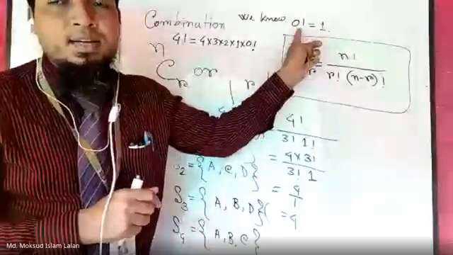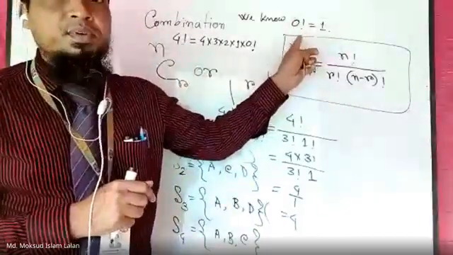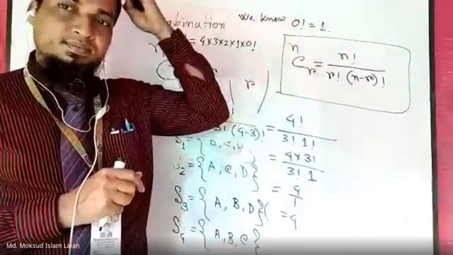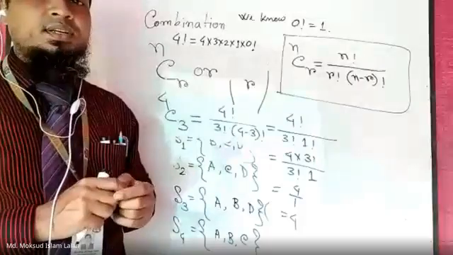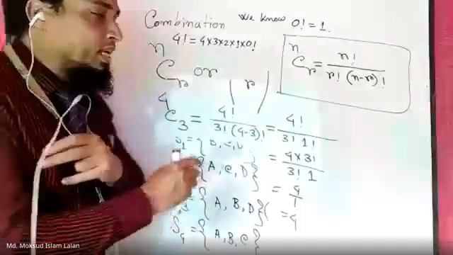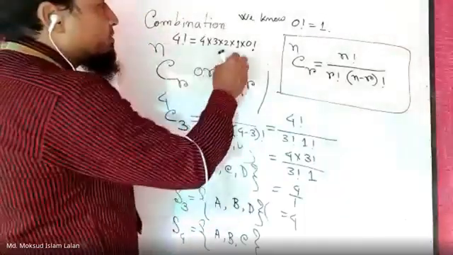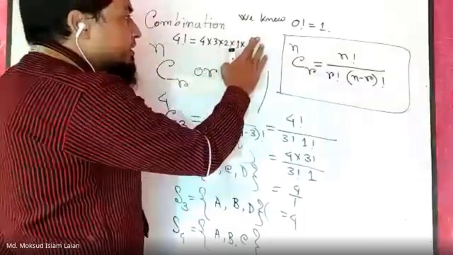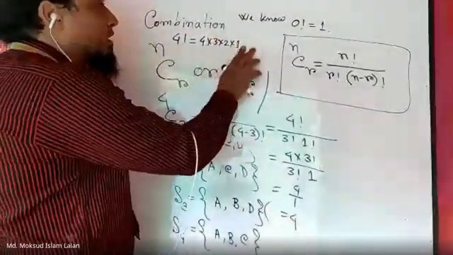This is the defined term. Do you understand, dear student? Yes, sir. And that's why some of you have written everything except this 0 factorial, only writing 1.